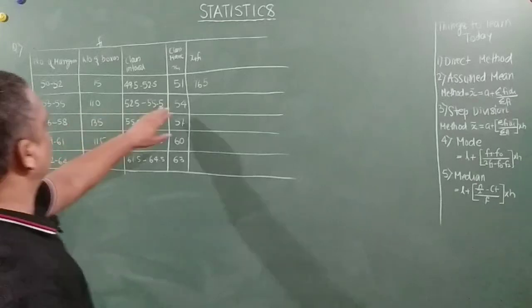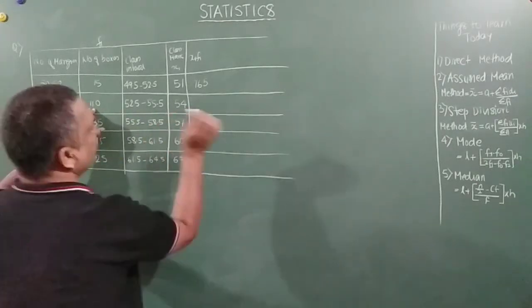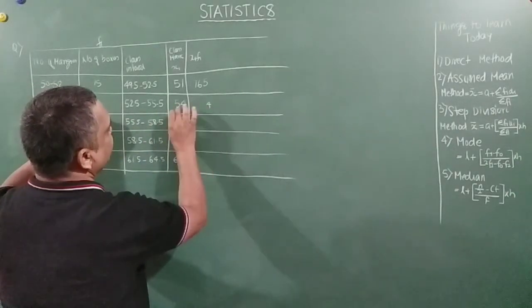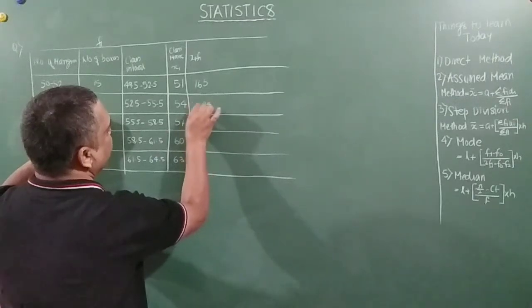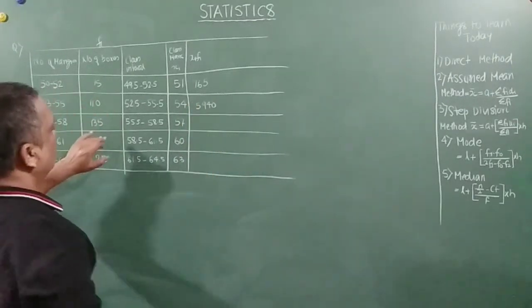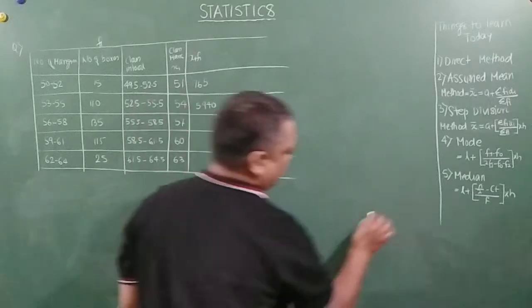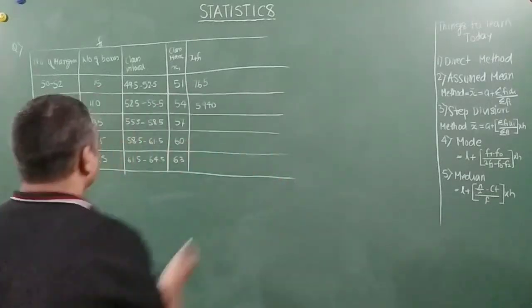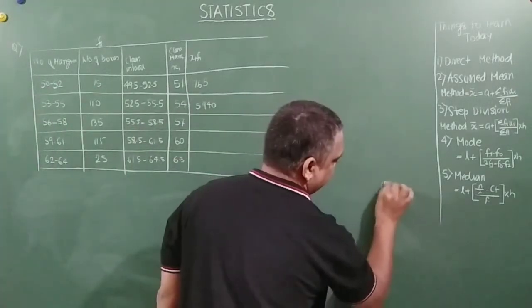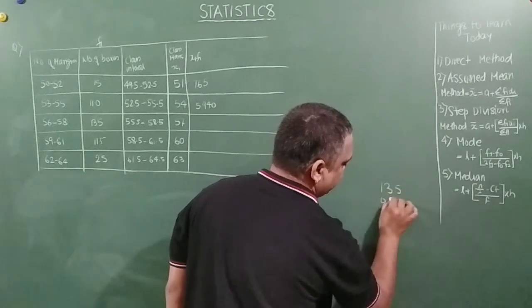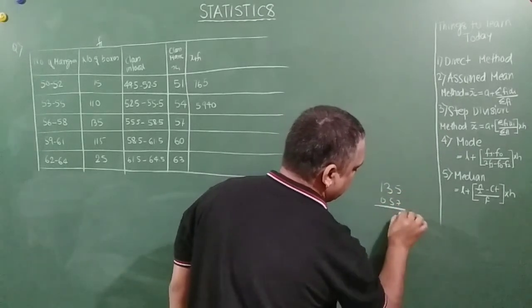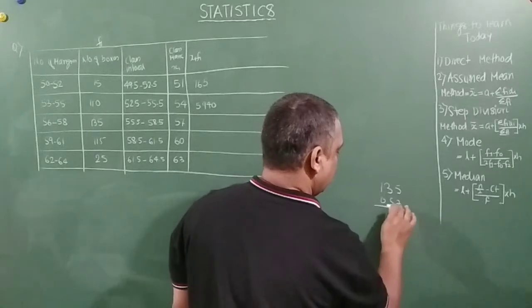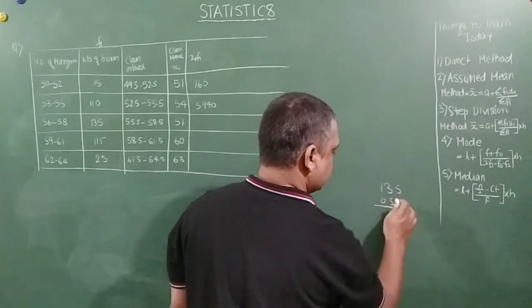Now this into this, quite easy, 54 into 11, that is 594. Then 135 into 57, okay, let me do it here.